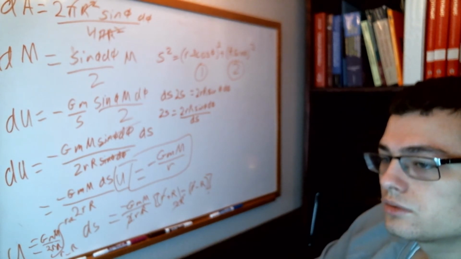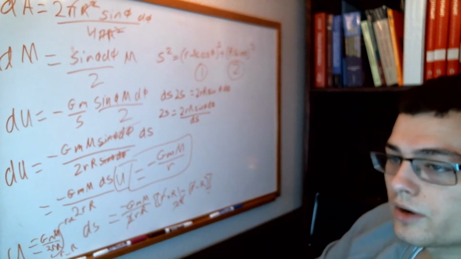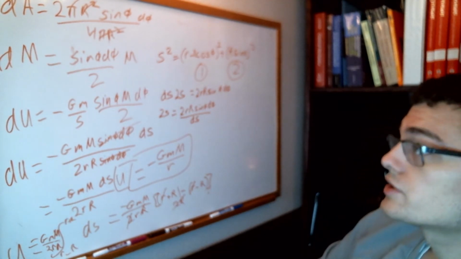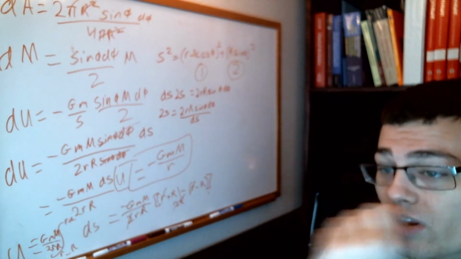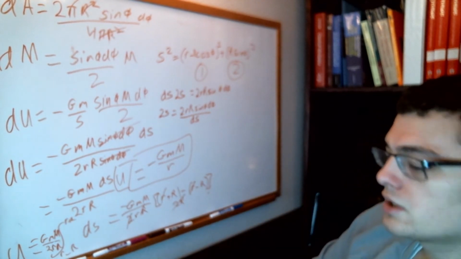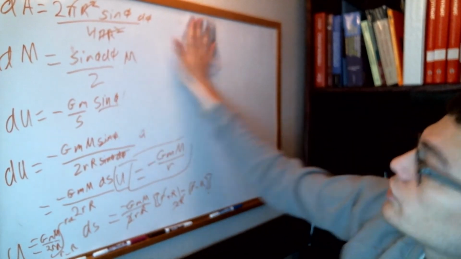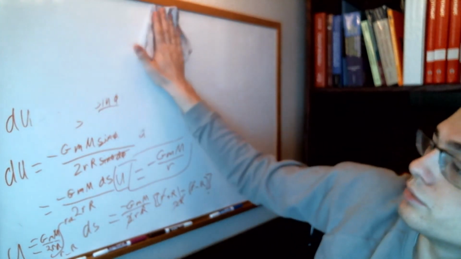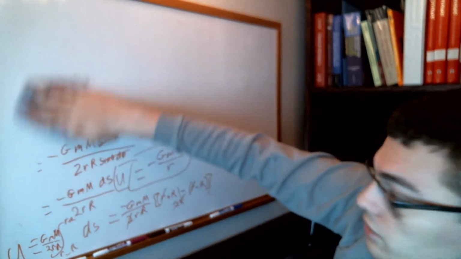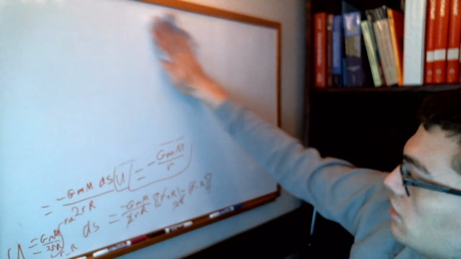So the next thing that we have to talk about is a point mass inside of this shell. So say that there's some hole inside of our object. One of the popular ways of illustrating this problem is you bore a hole straight through the center of the Earth, and you see that your potential energy is going to be a function of the radius within the shell, so where you are with respect to the origin in that case.